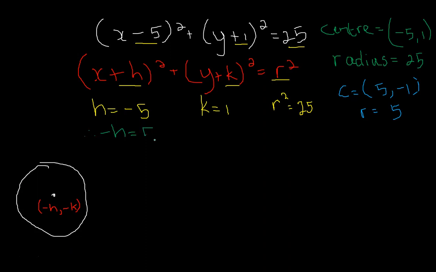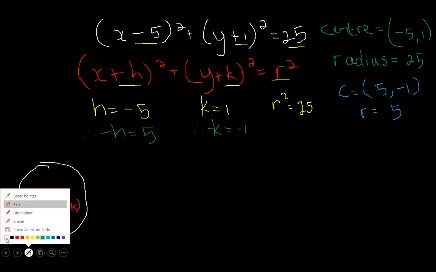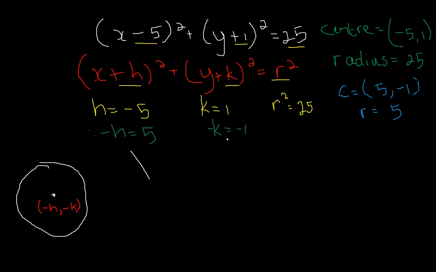And if k is -1, then minus k is 1. We said the coordinates of the center is -h, -k. So that means the coordinates are 5, -1.